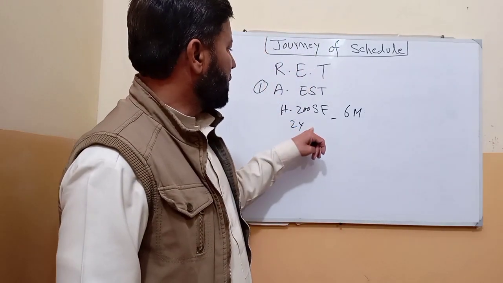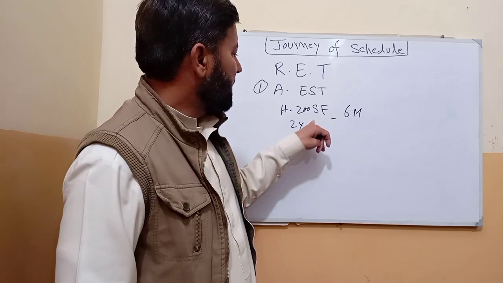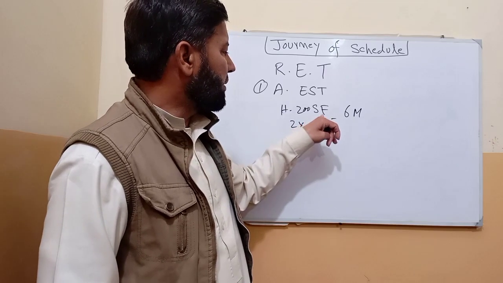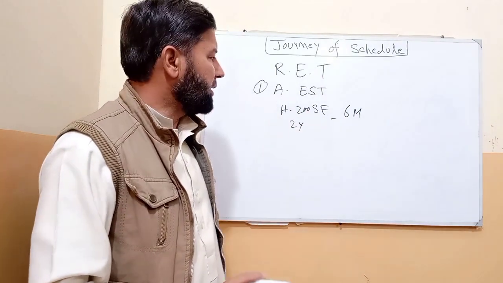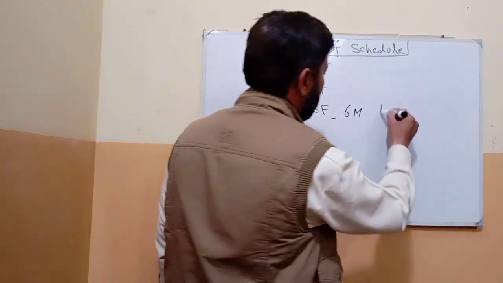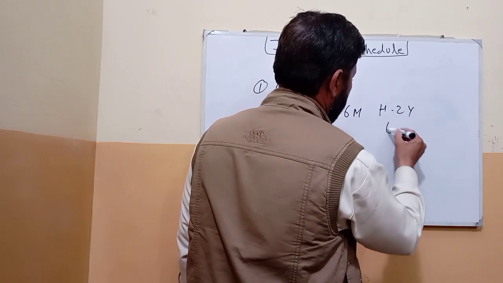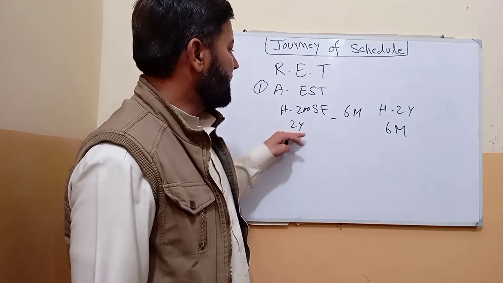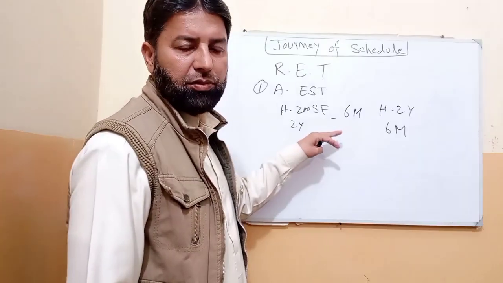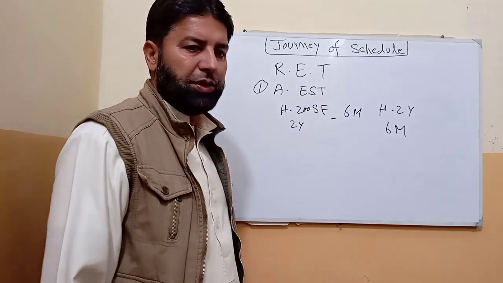After 2 years, we build the same house again, 200 square feet with the same design. How much time will it take? Again, 6 months. We are getting the estimation from our previous history. That is called analogous estimation.